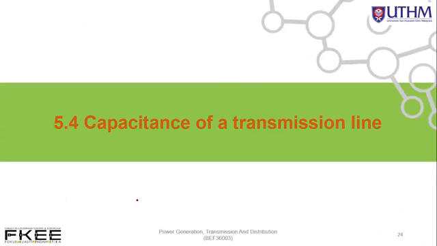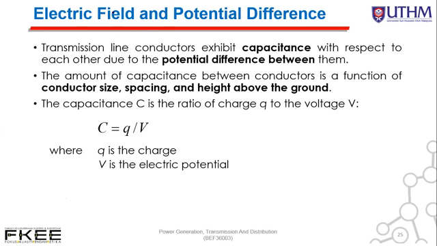Okay, now let's look at the capacitance of a transmission line. Basically, we will look at the electric field and potential difference at the beginning. Transmission line conductors exhibit capacitance with respect to each other due to the potential difference between them. Let's say this is a conductor, so there will be a capacitance between the conductors due to potential difference.